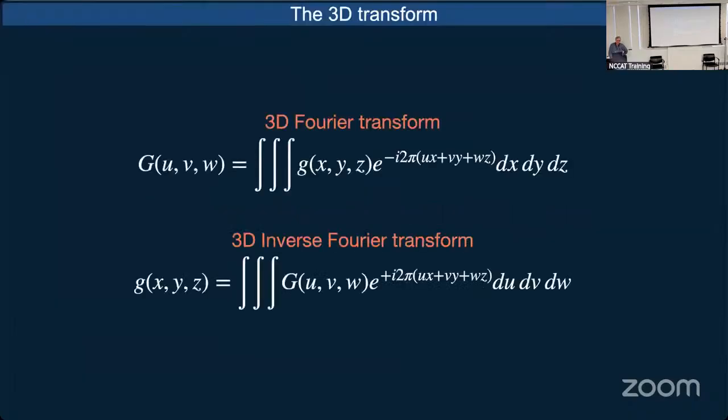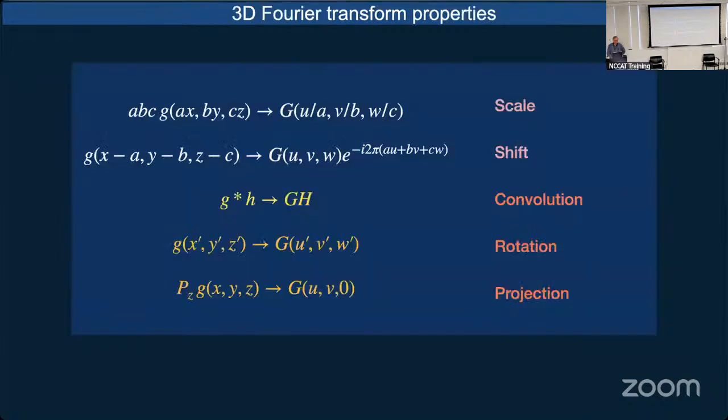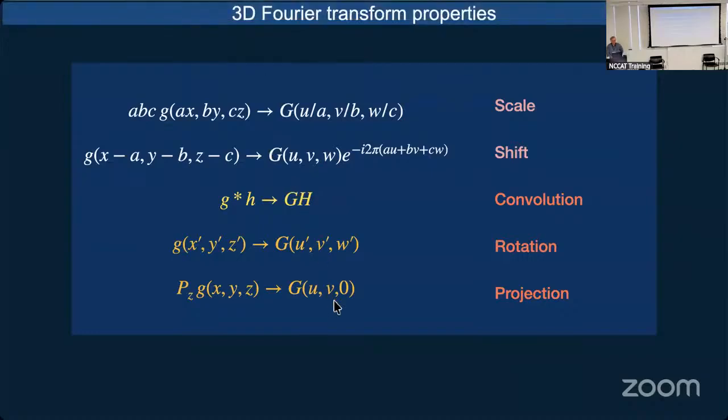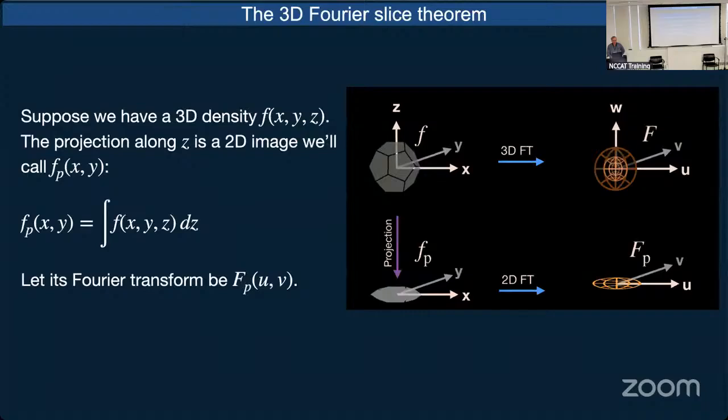Okay, so there's a 3D Fourier transform, and the computer can compute that too, and the properties are all the same. That is, convolution, rotation, and projection all work. And that's how we can do 3D reconstruction. So let's suppose that we have a macromolecule and it has some kind of 3D Fourier transform.